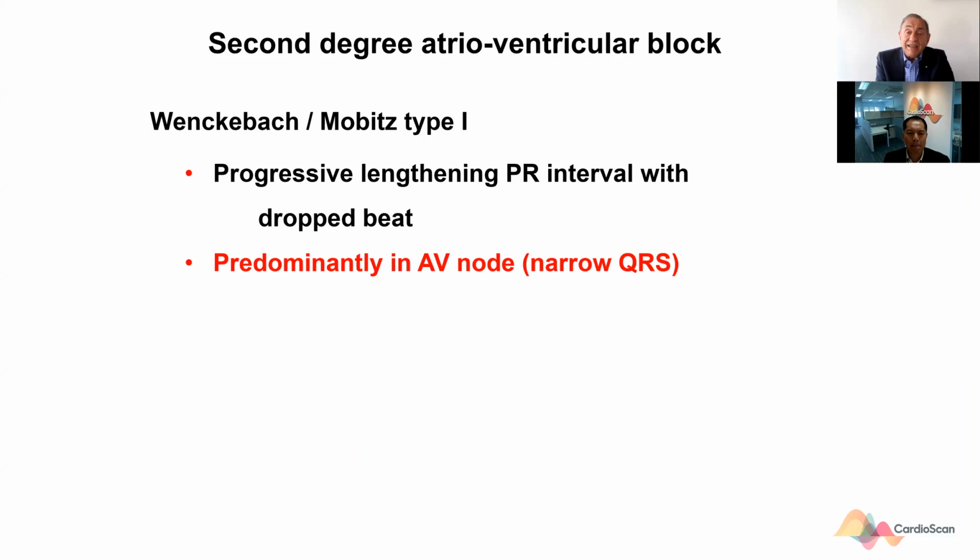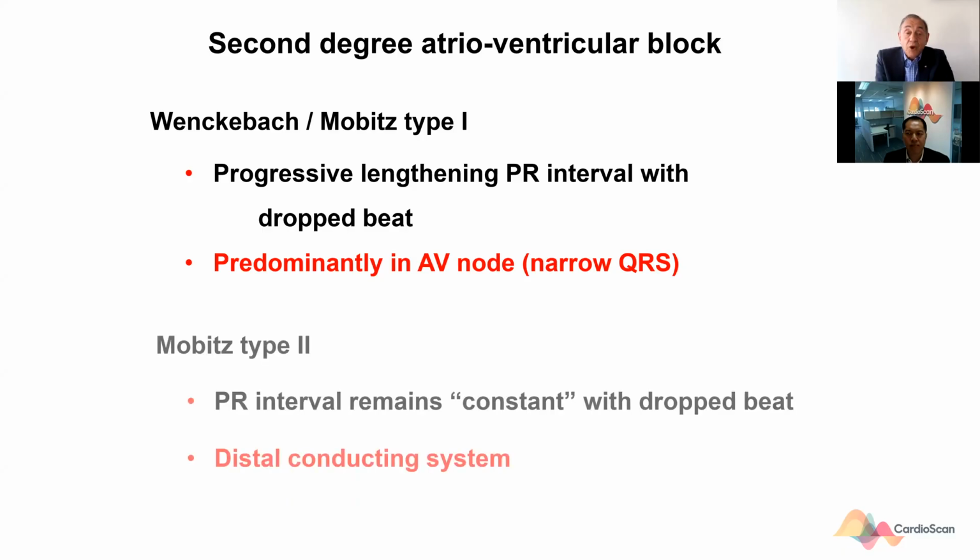It is predominantly in the AV node and therefore has a narrow QRS. Whereas in Mobitz type 2, the PR interval remains constant with drop beats, and generally it's in the distal conducting system.